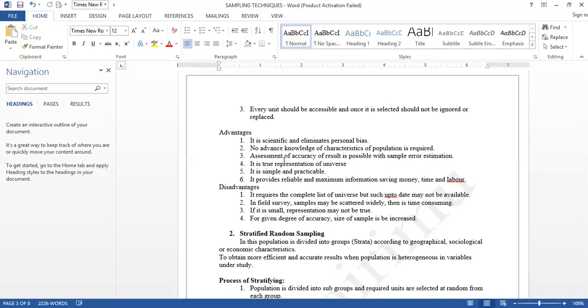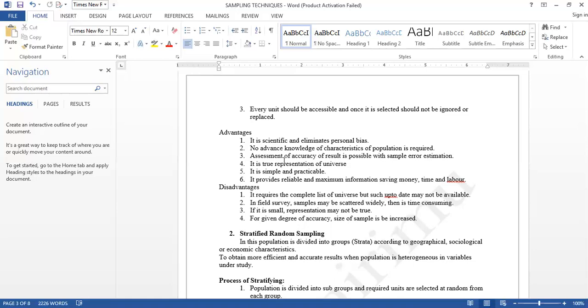And that helps you to minimize the time you require to devote to other areas as far as your research is concerned. You want to collect the data within as short a period of time as possible, carry out your investigation, come back and make the conclusion about the population.